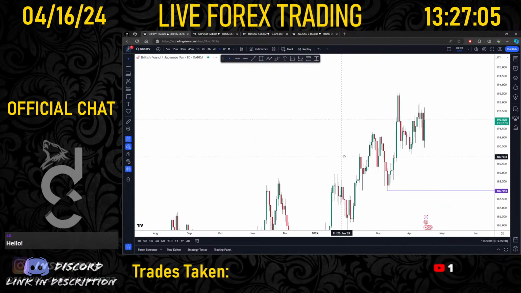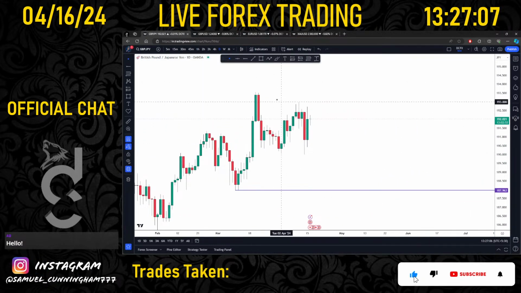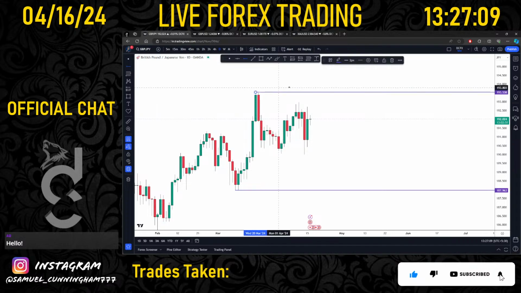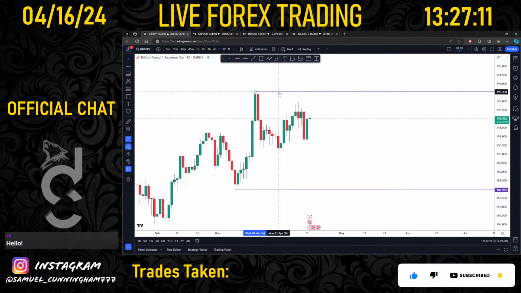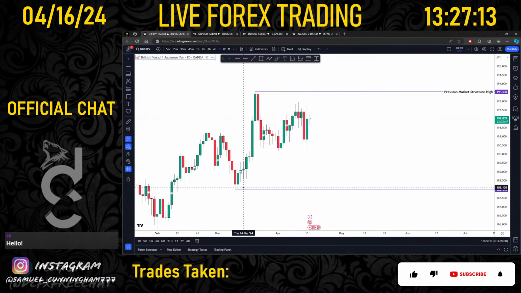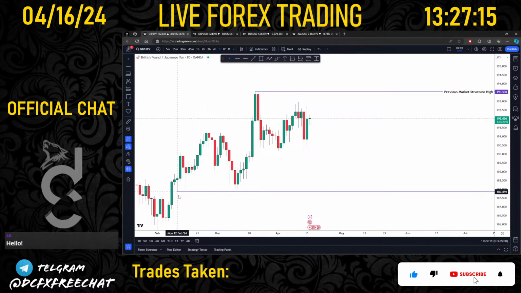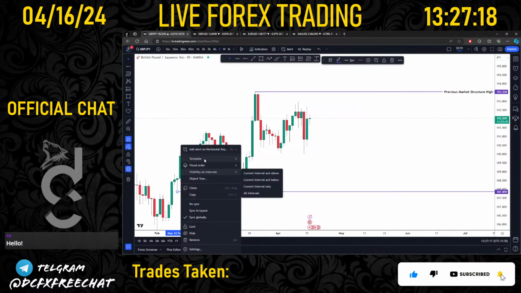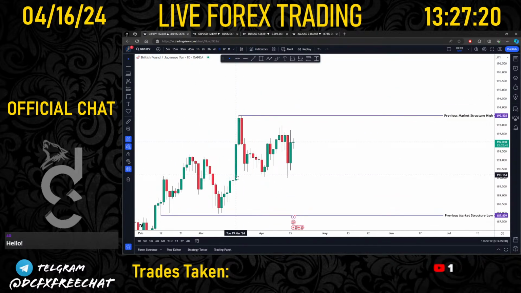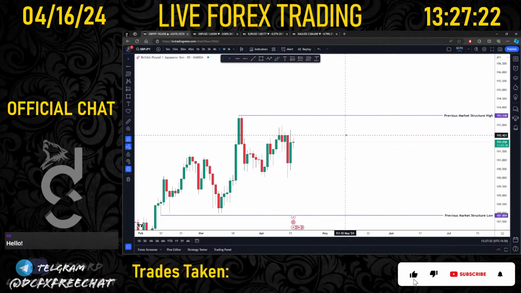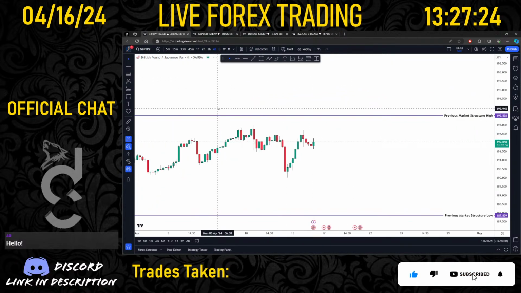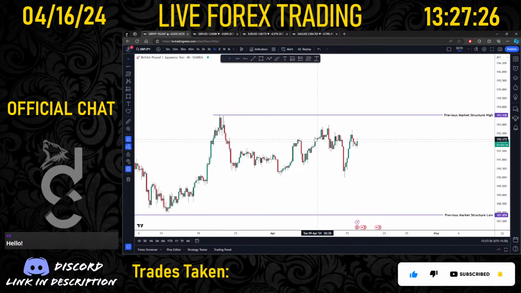So we go back to the daily time frame. Let's see. Daily time frame, this is again the previous high, the highest point we've ever gone to. So these are market structures. Previous market structure high. I'm gonna put this here because it's a candle wick. Market structure lows. Let's go to the 4-hour time frame.